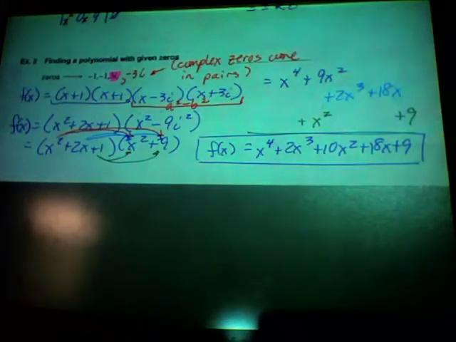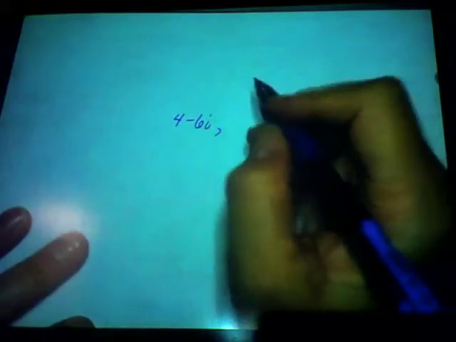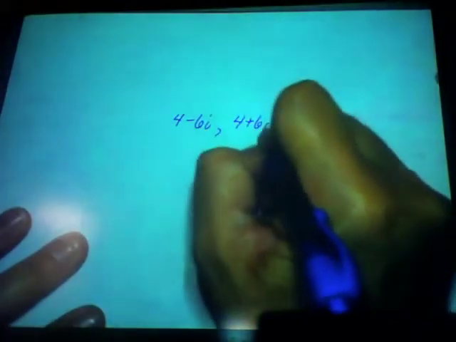Now, the only other thing I'm going to tell you is this, and so flip this over. This is an extra gift from me to you. If I gave you 4 minus 6i as a 0, what is its conjugate? 4 plus 6i.